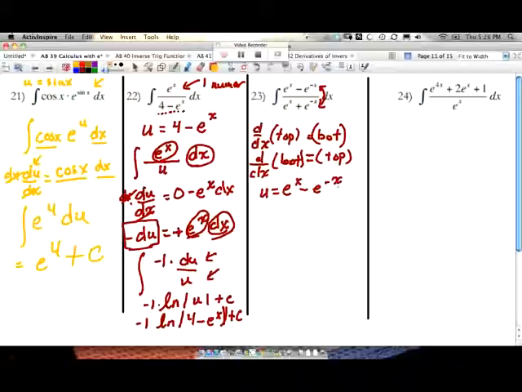Now, according to doing this earlier, we figured out that du dx, or the derivative of this, u prime, however you want to say it, would be e to the x plus e to the negative x. That would give me, multiply both sides by dx here. Then I would have, if I'm looking at this, how would this look?